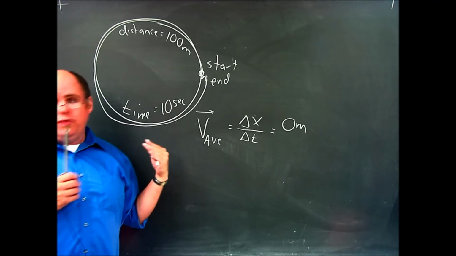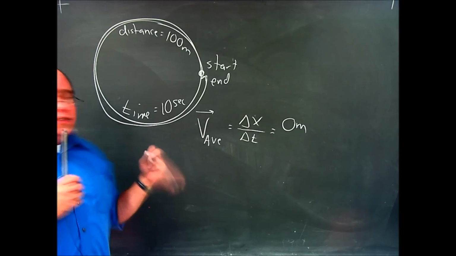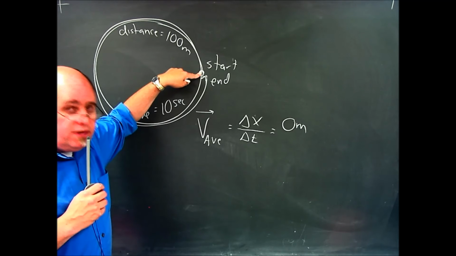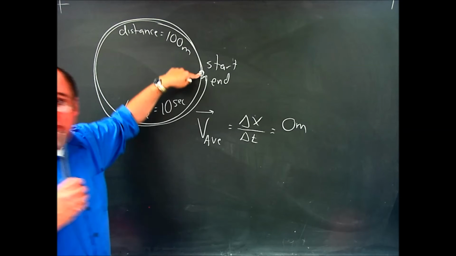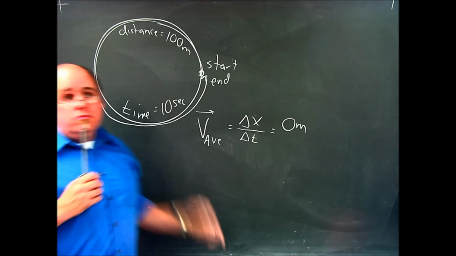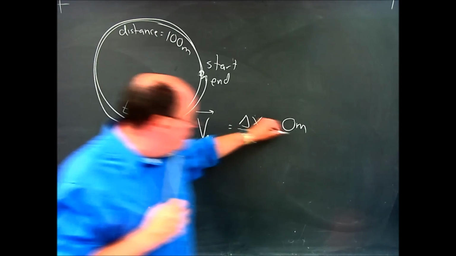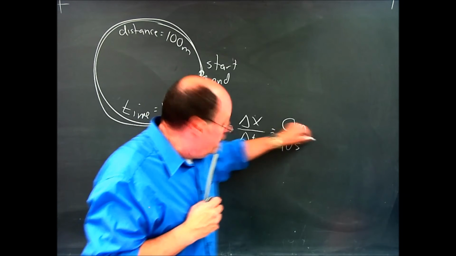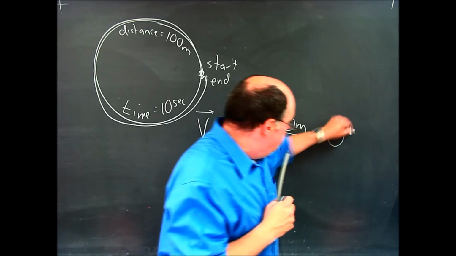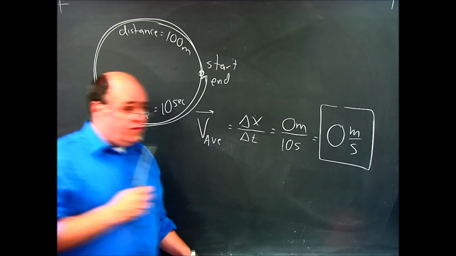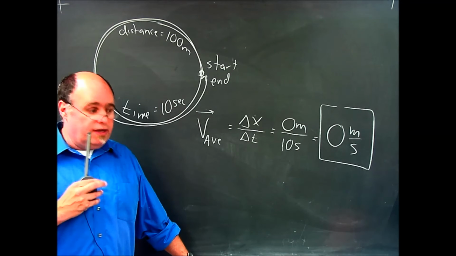Yes, their distance was 100 meters. Their displacement was 0 meters. Displacement is the distance from the starting point to the ending point. And in this case, the starting point overlaps the ending point. So there's no displacement. And if you divide this by 10 seconds, you'll end up with 0 meters per second. So the average velocity is 0 meters per second.